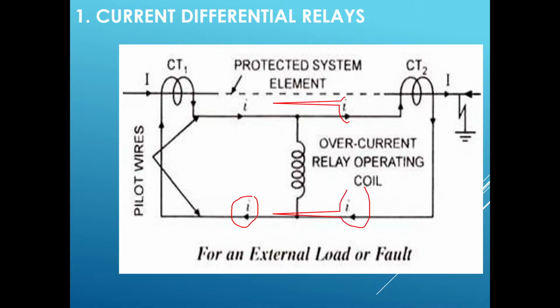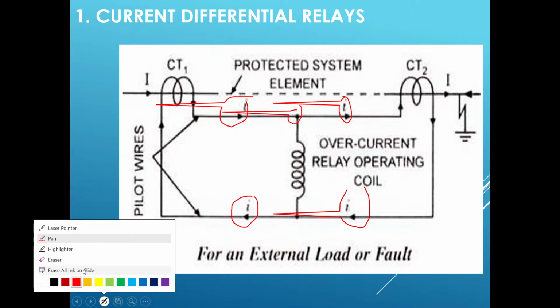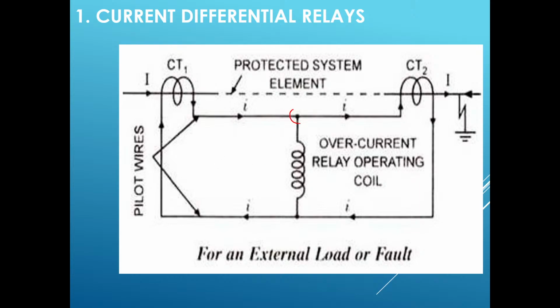So there is no difference in the current leaving. This is our junction where the relay coil, the overcurrent relay, is there. Now the current entering this junction and the current leaving this junction will be the same. Usually in our circuits, what we have learned is that if there is a junction, current should divide. But here this is not a connecting wire or anything else.